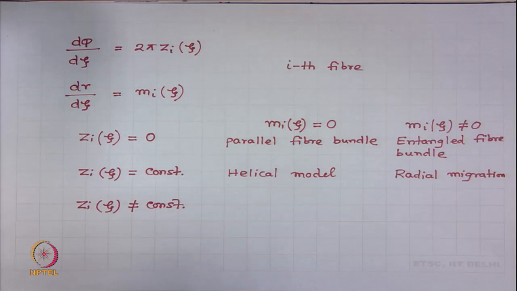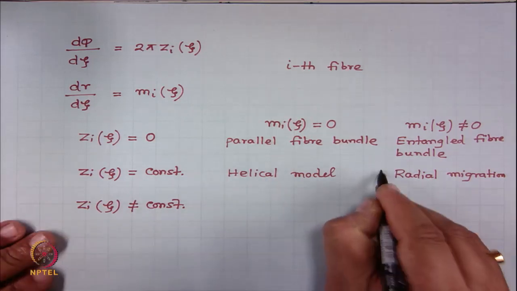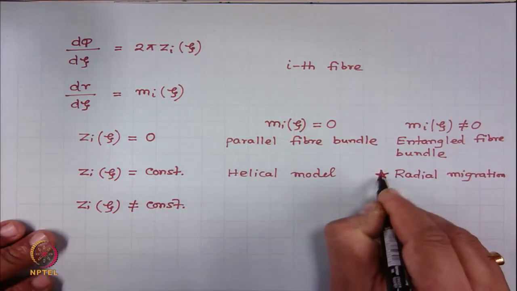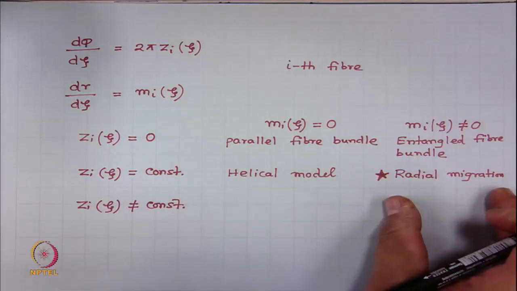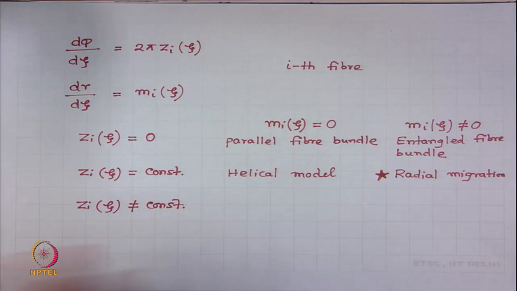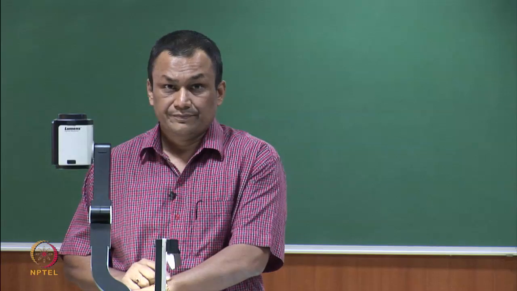Radial migration is basically the theme of this module. We will discuss this in detail in this module. Fifth situation, twist is not constant.